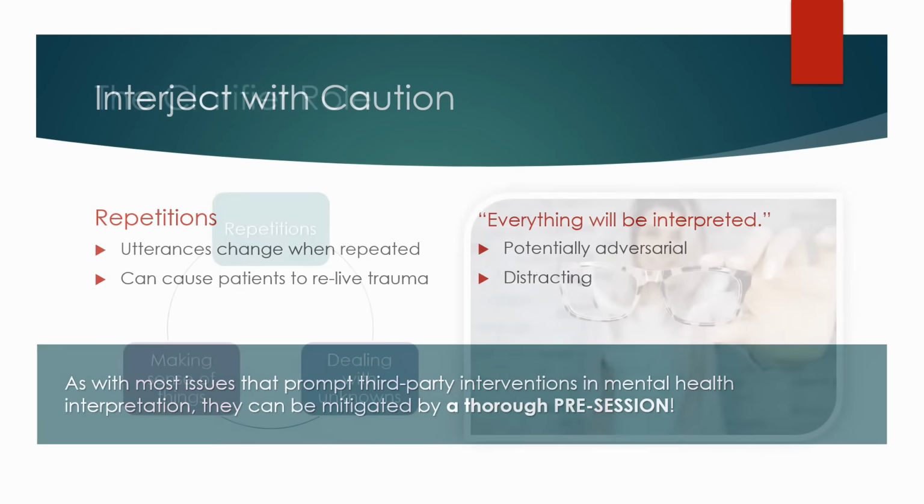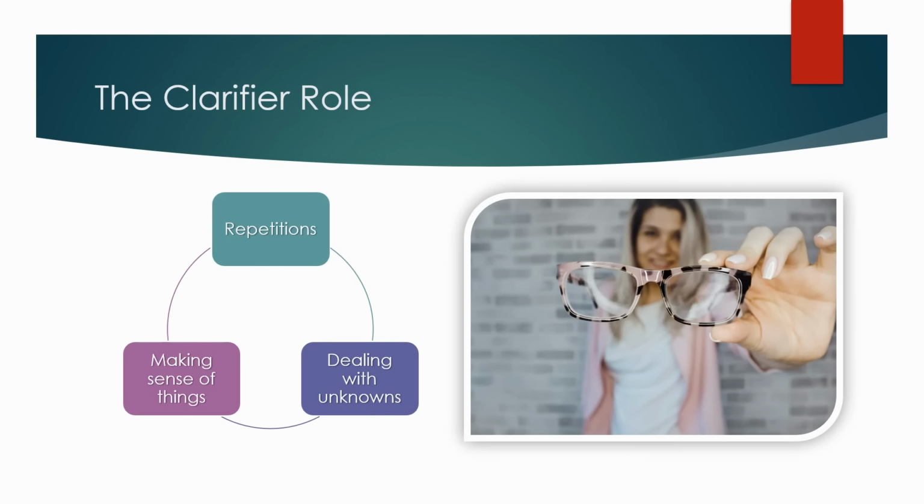So we're moving away from the conduit role and we're finally stepping into the second role, which is the clarifier role. And I thought, as I like to call it, the conductor role, or managing the flow of communication, kind of bleeds through from the conduit role into the clarifier role.